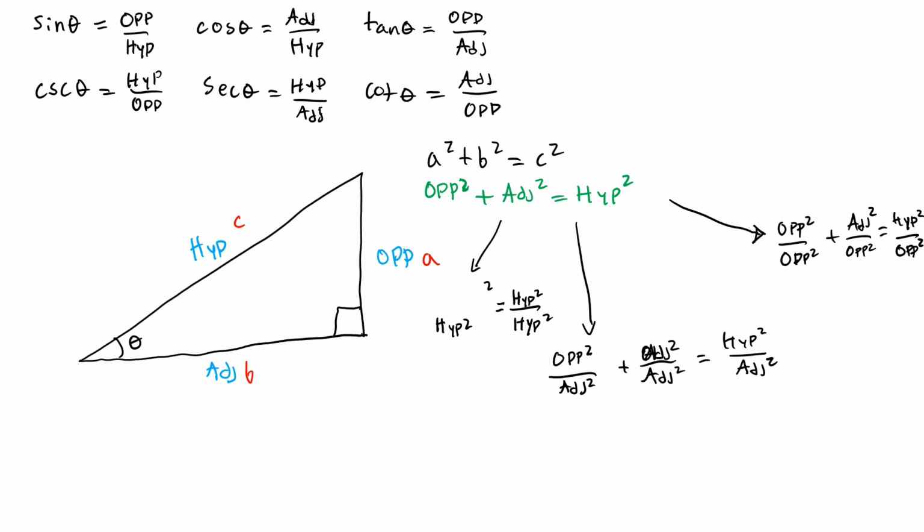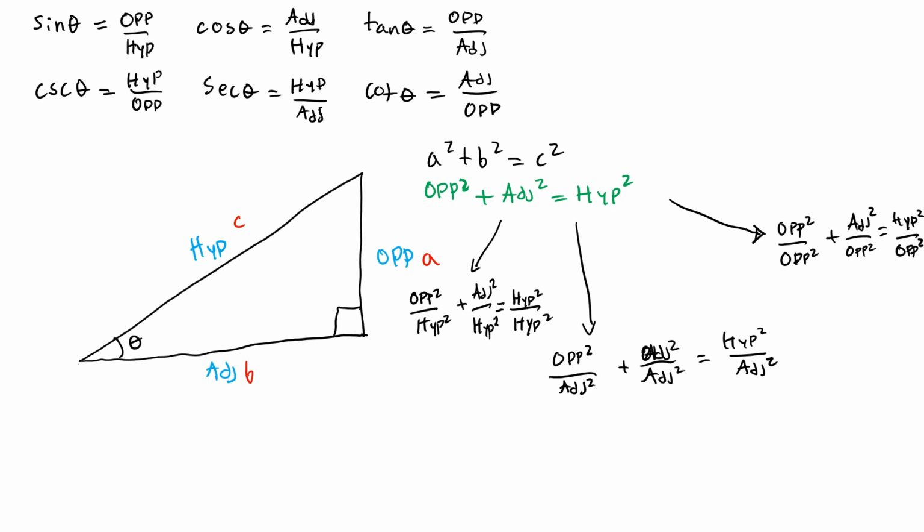That's what I essentially did for these other two. So this is opposite squared over hypotenuse squared plus adjacent squared over hypotenuse squared.